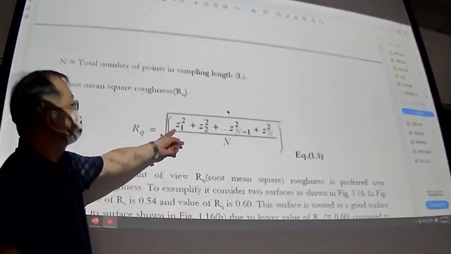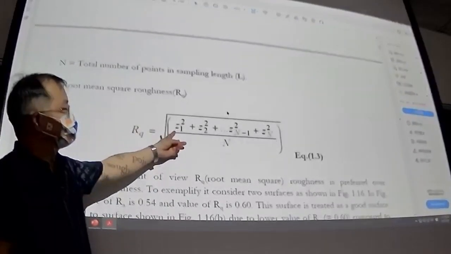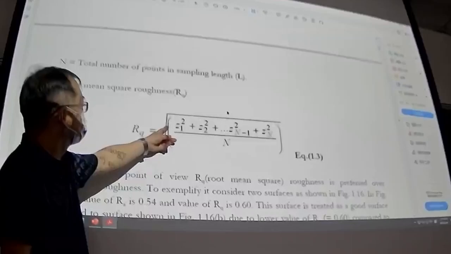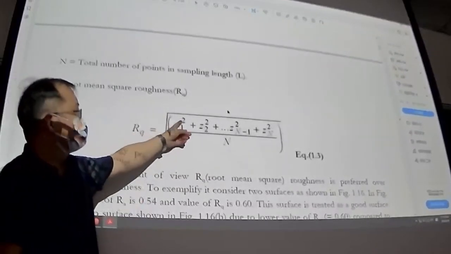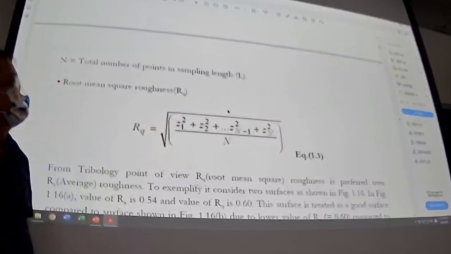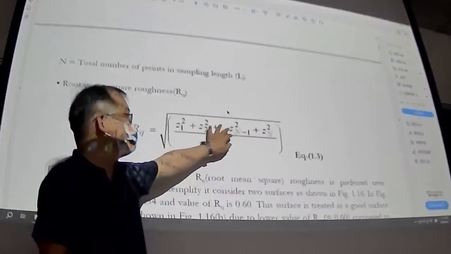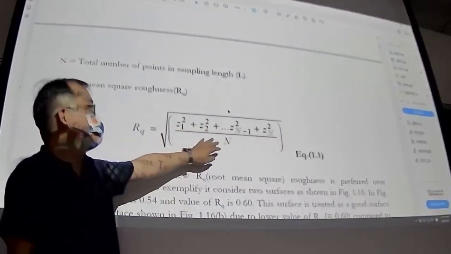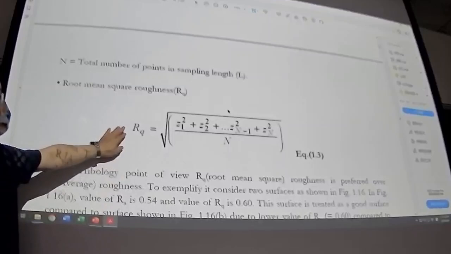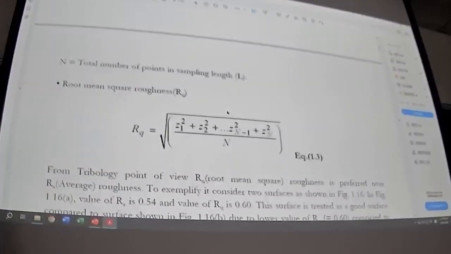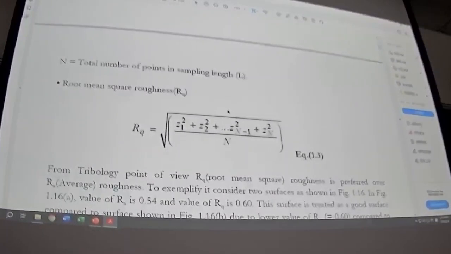We take the high points of the asperity and measure the number Z1 squared, and in total we have a summation of the n points divided by n, with the root mean square. It's called the root mean square roughness. Okay.